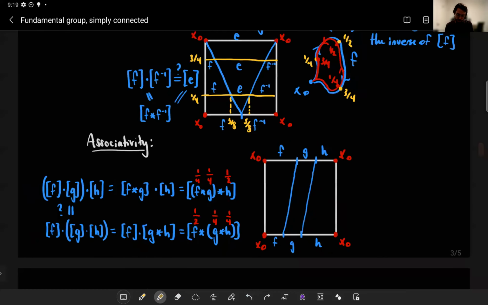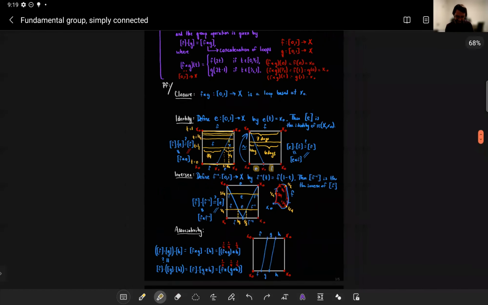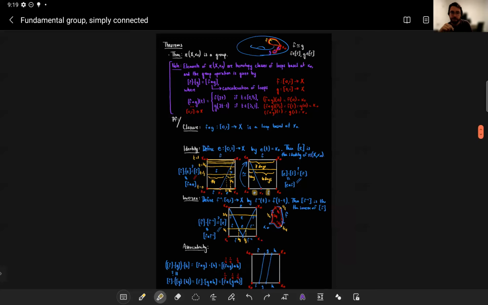So all that goes to say, the fundamental group of a topological space based at a given point is a group. We have the identity, namely a homotopy class where you do nothing.